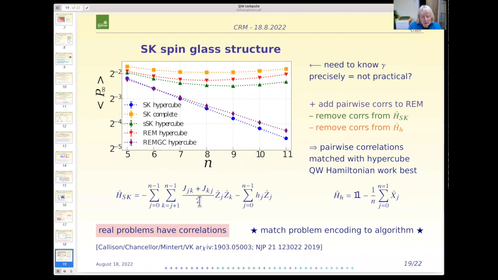First of all, we removed these pairwise correlations from the spin glass data in two ways. First of all, we scrambled the eigenvalues. So we took the diagonal matrix and we scrambled the entries along the diagonal. So now they're random.